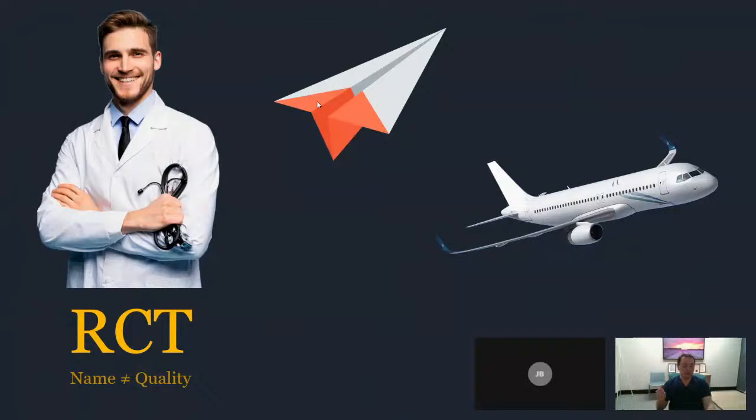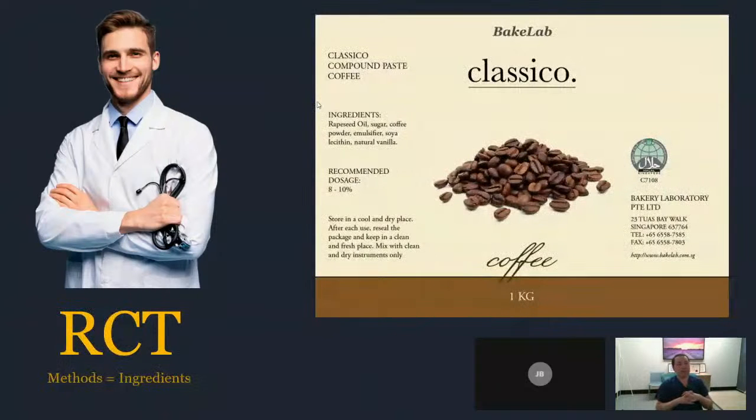The second point is, when we read a research paper, we should not just look at the conclusion or just read the abstract. The first thing we have to look at is the methods. Let us assume that the research institution is a production line and the research paper is a product. By reading the methods, we're reading the product description.